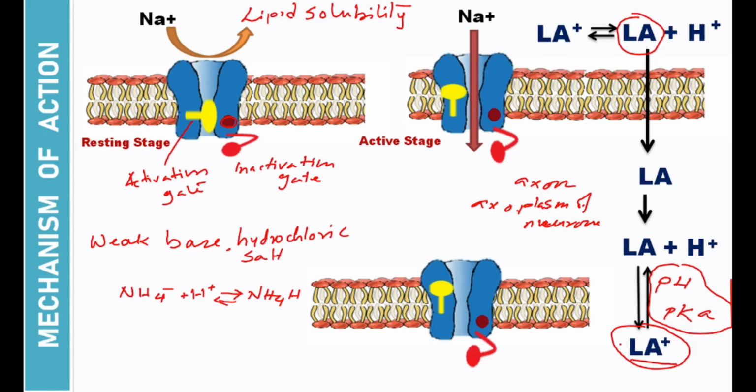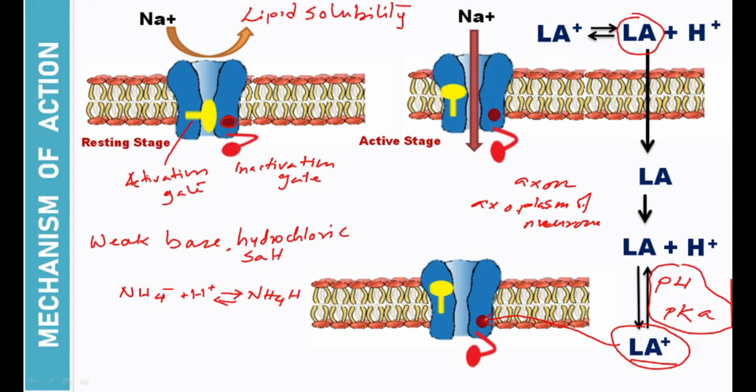Now what will happen: this ionized form of the local anesthetic will go and bind to a particular site. We have already seen the site where it is going to bind.